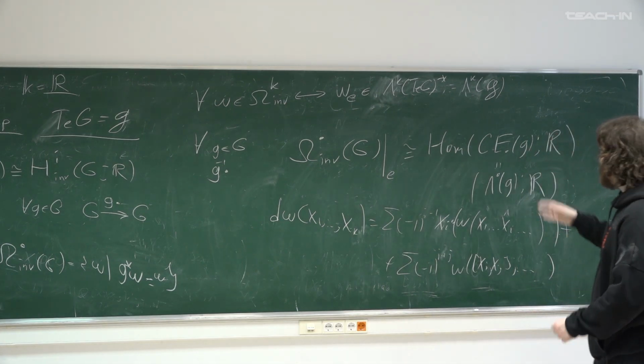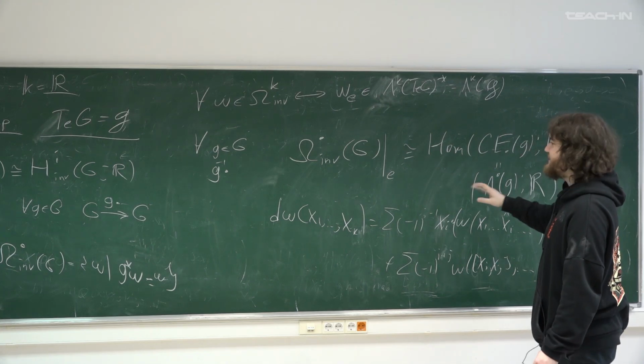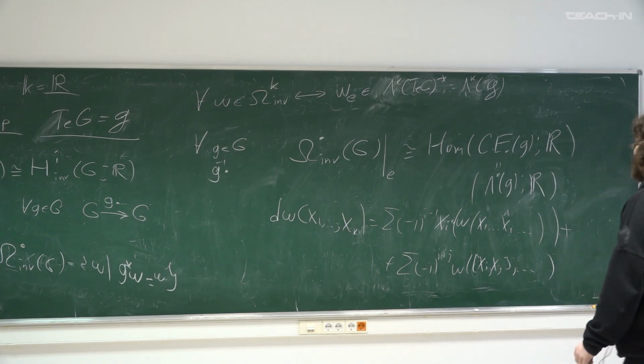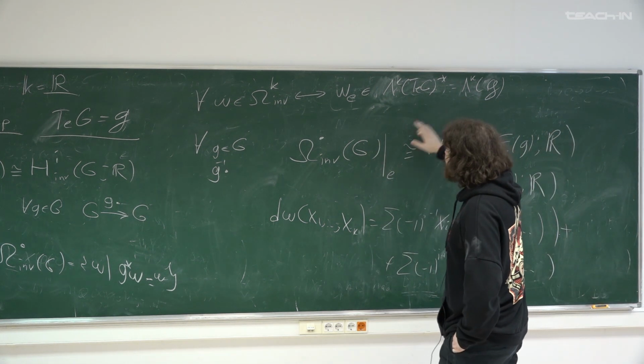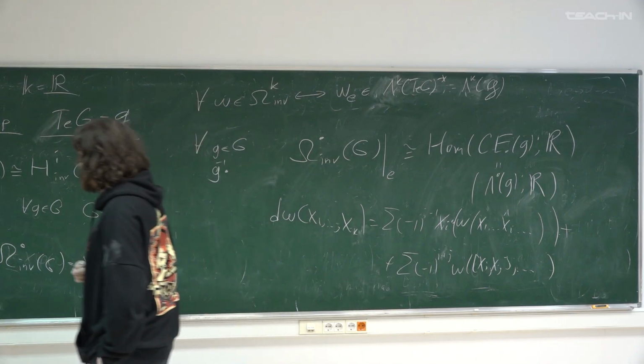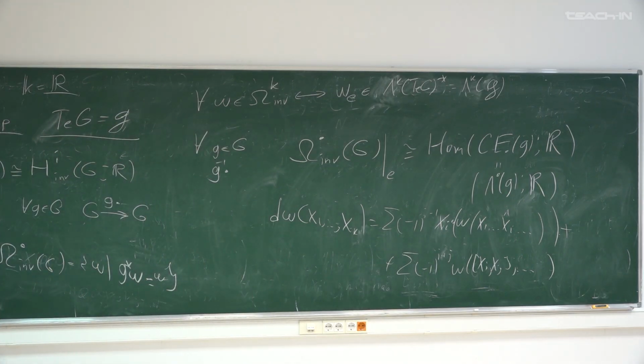And you can check that if you evaluate this at the unit, you obtain exactly Chevalley-Eilenberg. So from this point of view, Chevalley-Eilenberg is just the invariant de Rham complex of any Lie group.